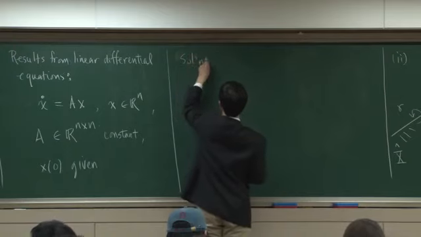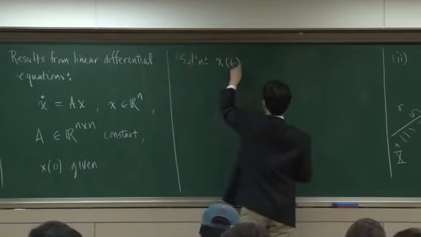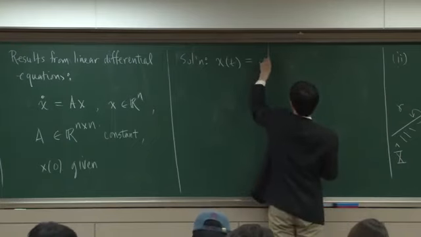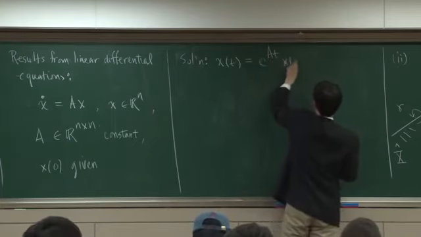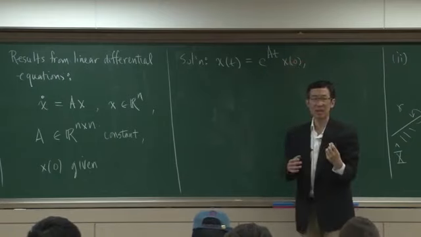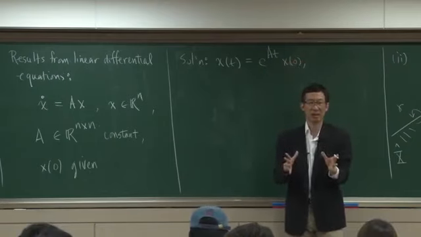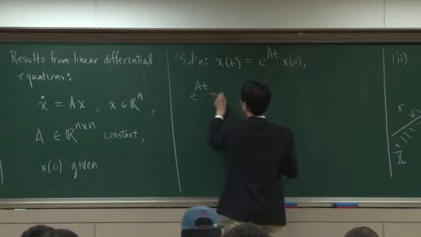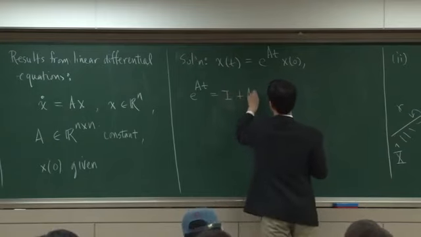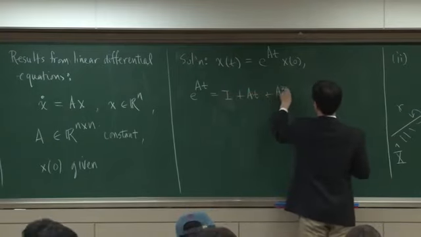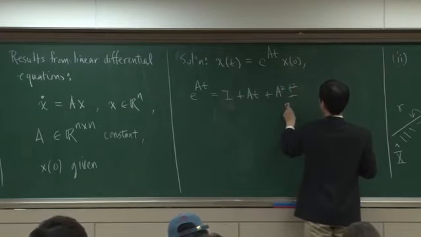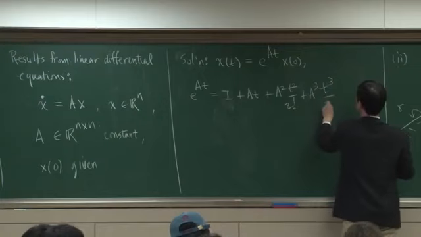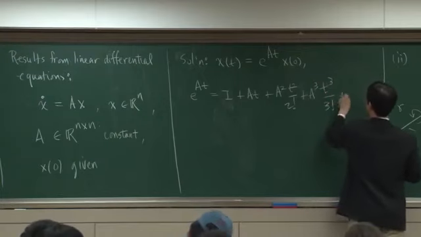The solution involves a matrix exponential: x of t is equal to e to the At times x0, where e to the At is a matrix defined as an infinite series, I plus At plus A squared t squared over 2 factorial plus A cubed t cubed over 3 factorial plus dot dot dot.